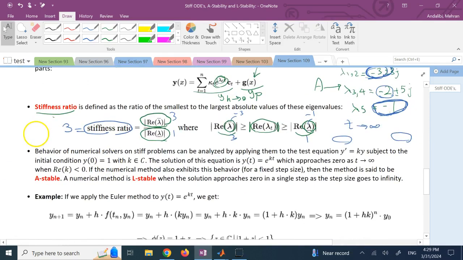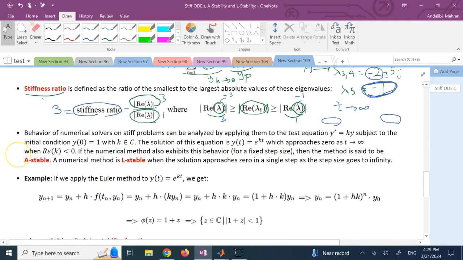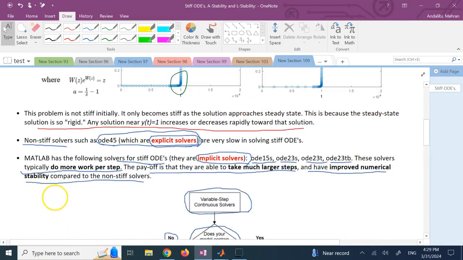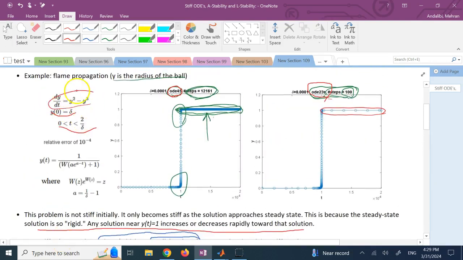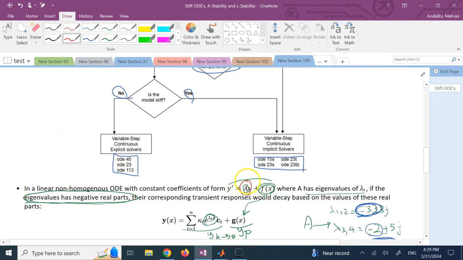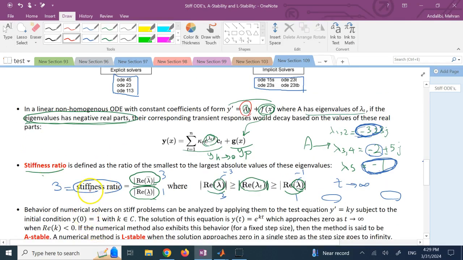So this stiffness ratio could be a measure of how bad the stiffness can be in the differential equation, if it's linear. Now, most of the time your ODEs are nonlinear, like this one here. Here is a nonlinear ODE. In this case, I don't have an A matrix, and I cannot find the lambdas for it to form this formula.